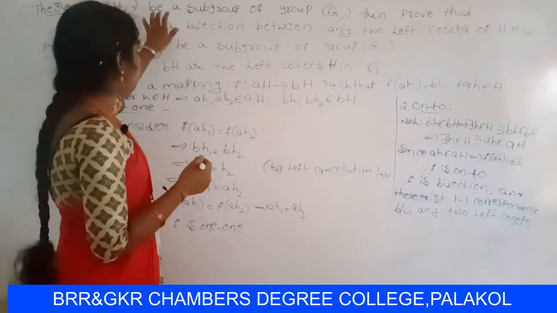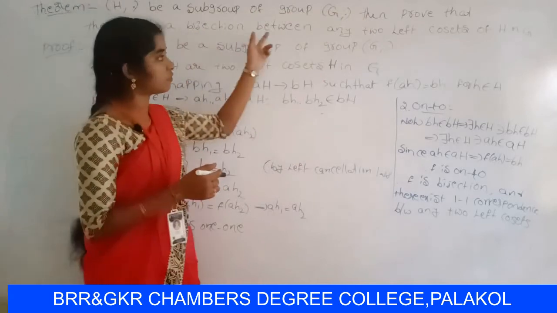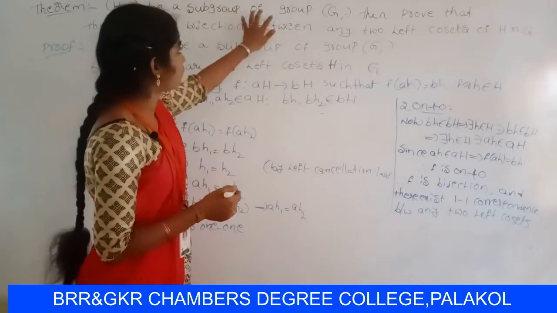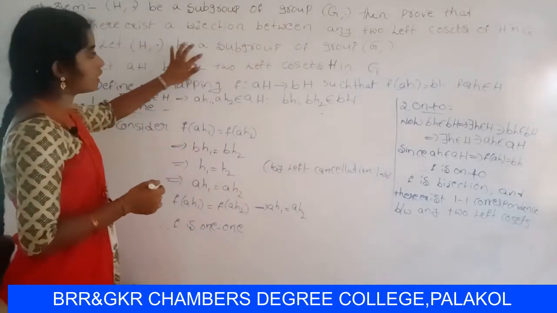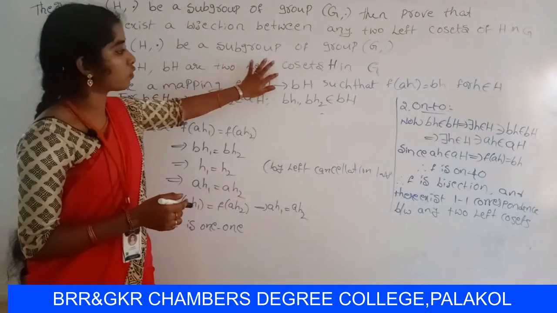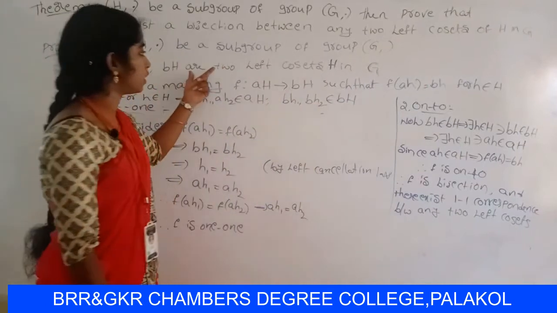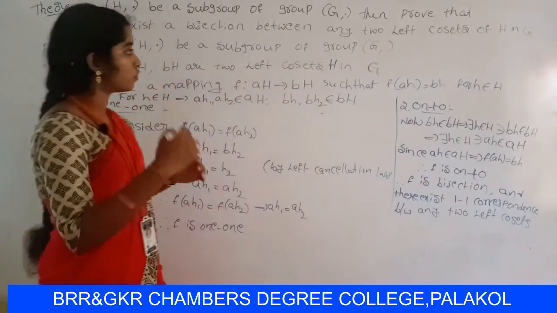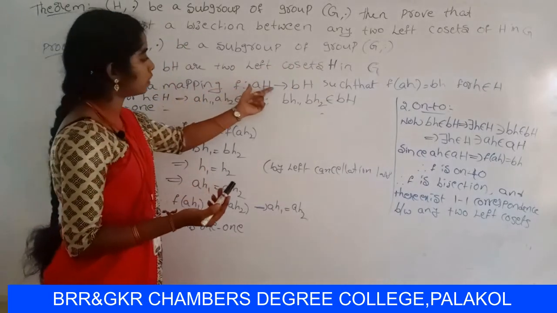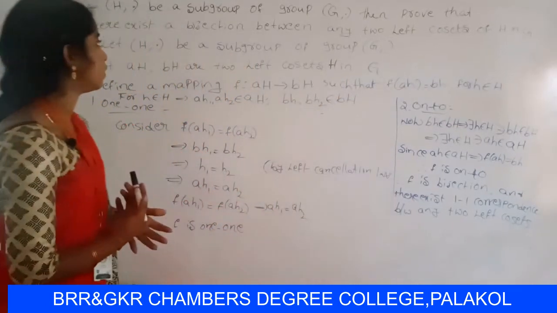First of all, the statement: (H, ·) is a subgroup of a group (G, ·), then prove that there exists a bijection between any two left cosets of H in G. So let (H, ·) be a subgroup of group (G, ·). Let aH, bH be two left cosets of H in G. We have to prove that for this mapping f that maps aH to bH such that f of ah equals bh for h belongs to H, f is a bijection.